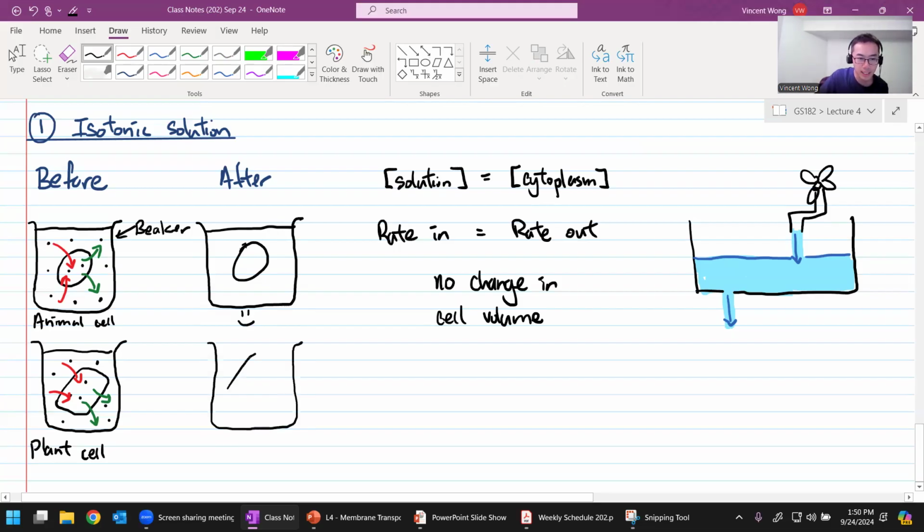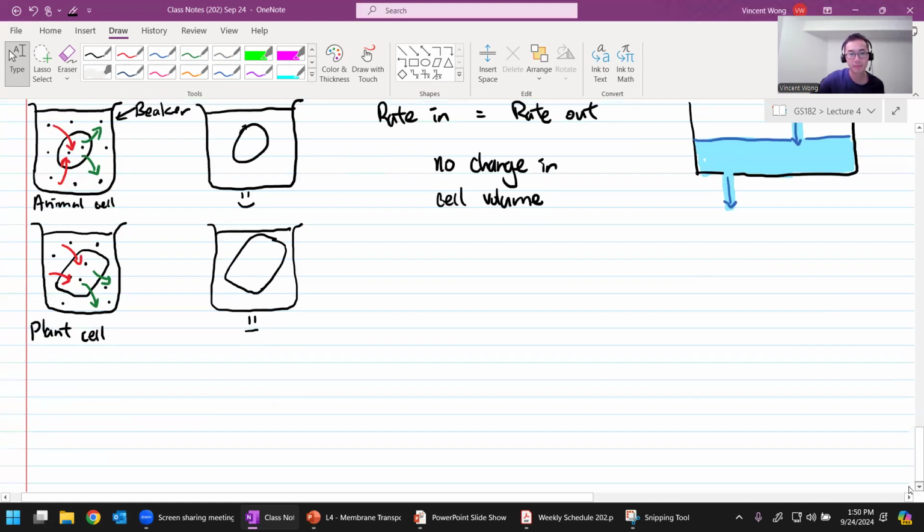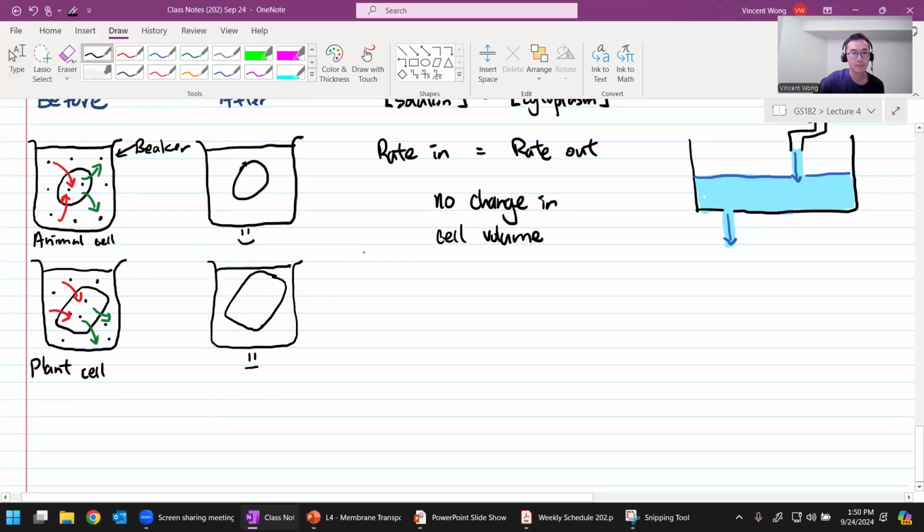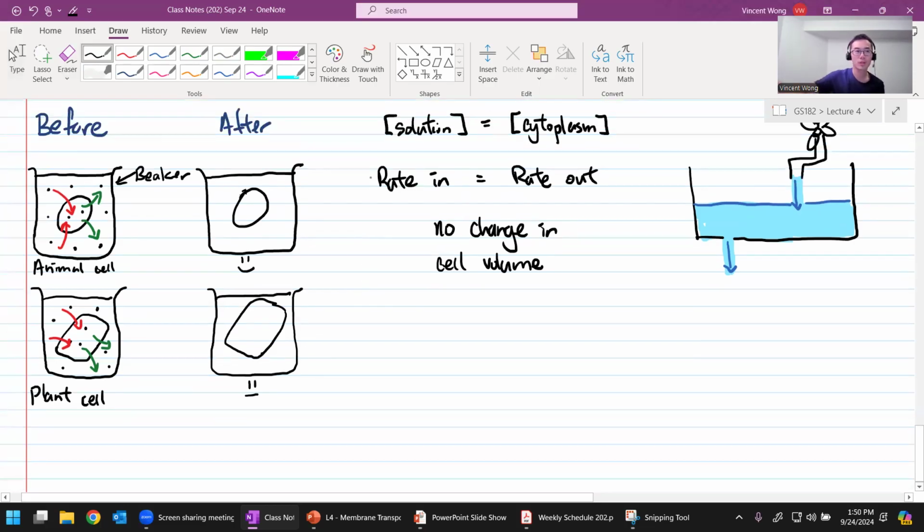If it's a plant cell, it's okay. It's not happy, it's not sad, but it's okay. Okay means it'll live, but it's not the best scenario for them. Questions so far?